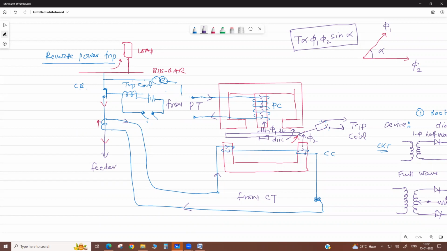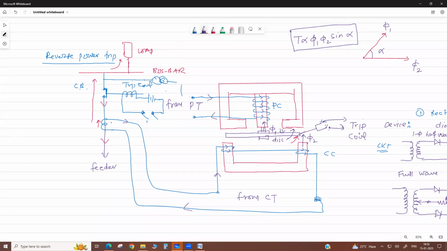Like in a motor, how do we reverse the direction of rotation? Only in one winding we change the polarity, either starting winding or auxiliary winding, correct? So same here, suppose reverse current flows in the feeder.